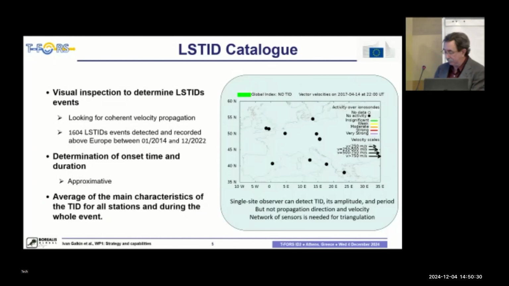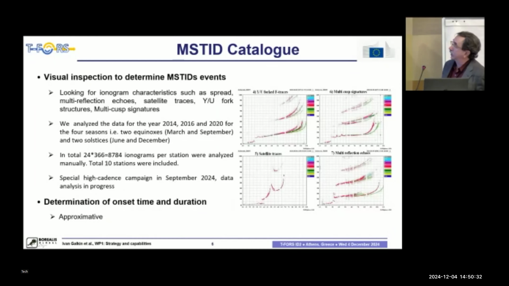Okay. But let's look at the MSTID. That involves even greater effort to manually analyze data. And there's the whole team that I didn't credit, because there are quite a number of experts looking at the ionograms manually with their own eyes and identifying all these interesting events when they happen.